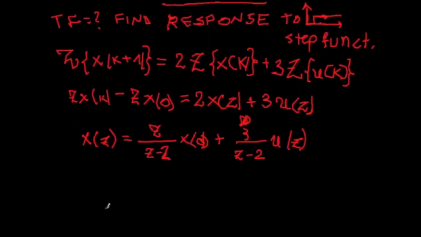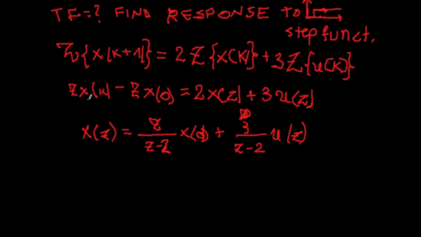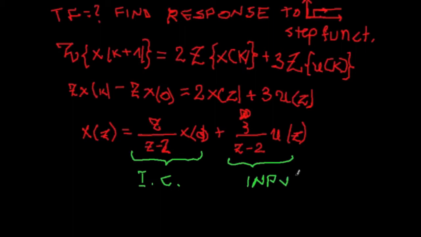So we will not pay attention right now to the output, but we just want to put this notion here that this is the initial condition contribution, and this is the input contribution in the response of the system.